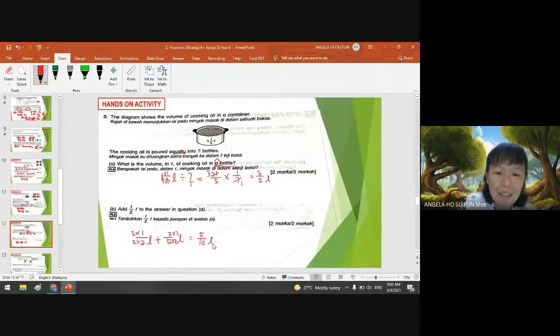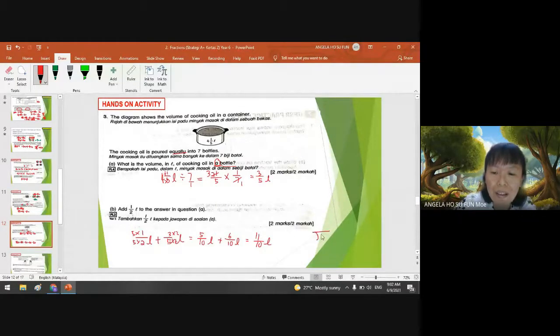All right, liter plus 3 times 2 is 6. 5 times 2 is 10. So you get 10 will still 10. 5 plus 6 is 11. 11 over 10, which is improper fraction.